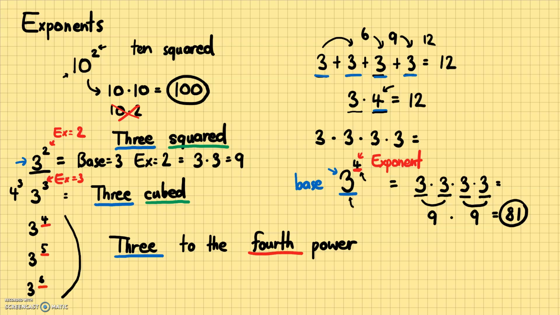So if the exponent is a 4, you'll say 4th. In this case, it's a 5, so you'll say 5th. Or in this case, you'll say 6th. Right? You get the picture, right? And if the exponent is a 10, then you'll say 10th power or 20th power. Okay, so this is how you can read. For the case when it's 3, instead of saying cubed, you can also say 3 to the 3rd power.